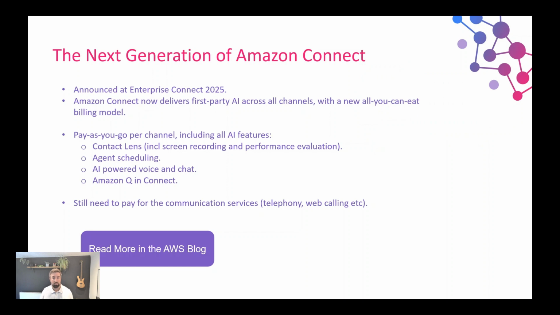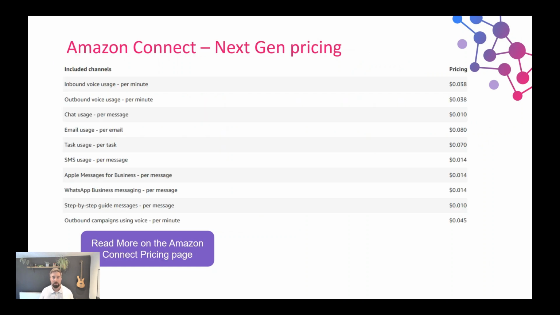And you'll pay per channel, pay as you go, an all-inclusive per minute price for all of those services to be included. You do still need to pay separately for your communication services, so your telephony minutes, DID, TFN rental, and so on.